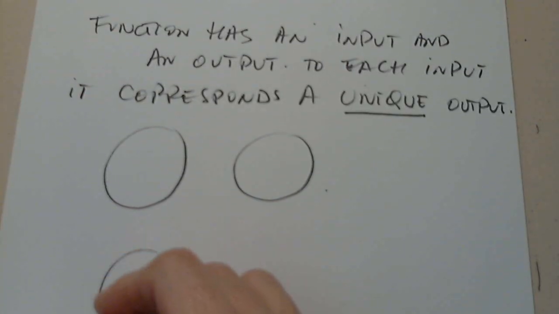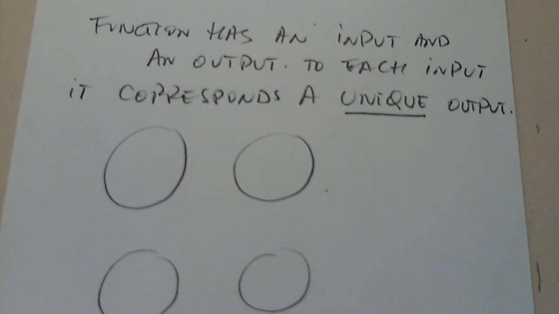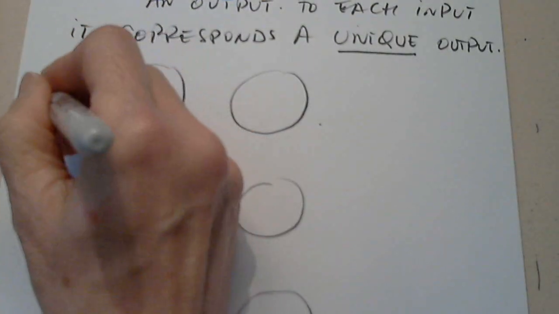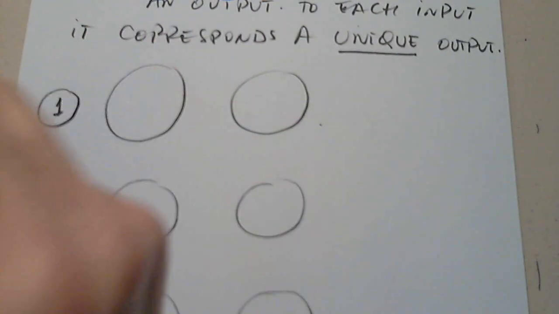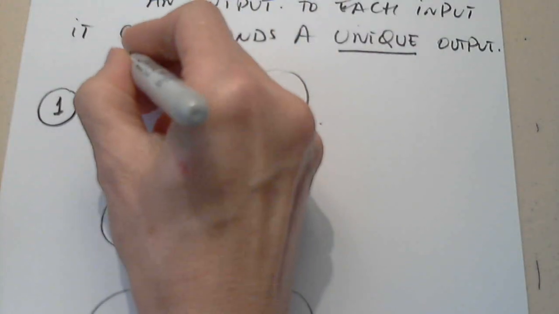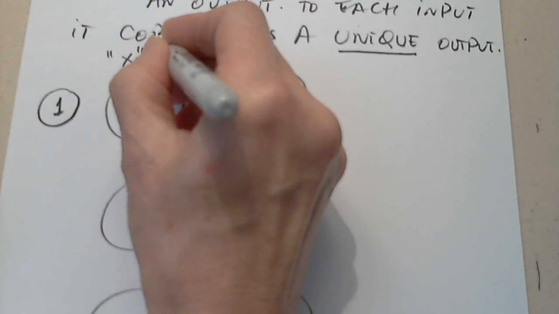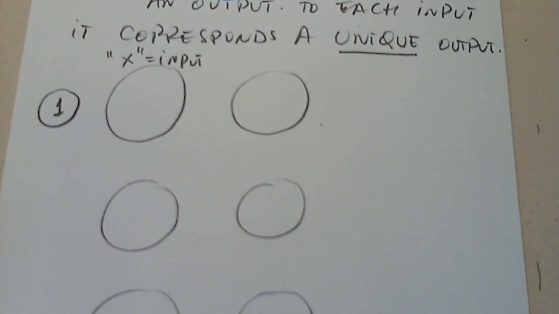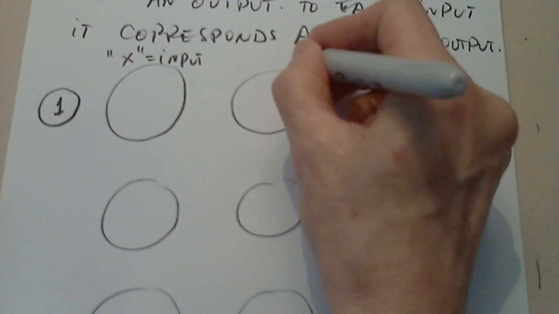Two bubbles, two more bubbles, and two more bubbles. Situation number one. The input is called x. Can it be p and t? Yeah, of course. In general it is x. The output is y.